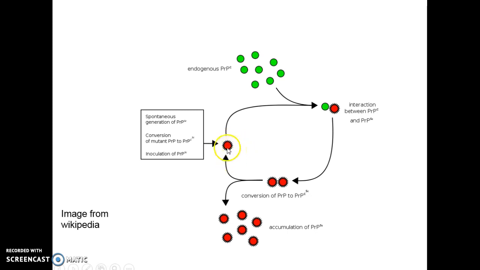All right. Once this is in your body, what it does, and this is the part that is unknown, it will actually dimerize with the wild type. And so here you have a green and a red together. And over time, it actually converts the normal PrPC protein to the PrPSc. And then you have all PrPSc proteins. And that is when you start to see neurological dysfunction.